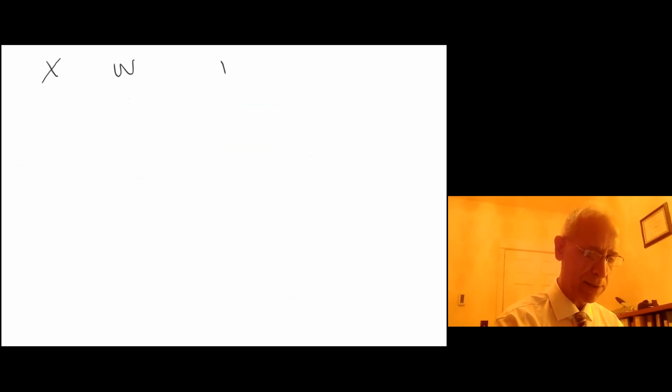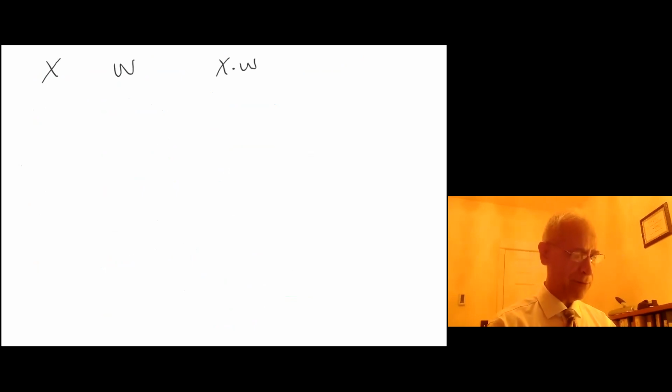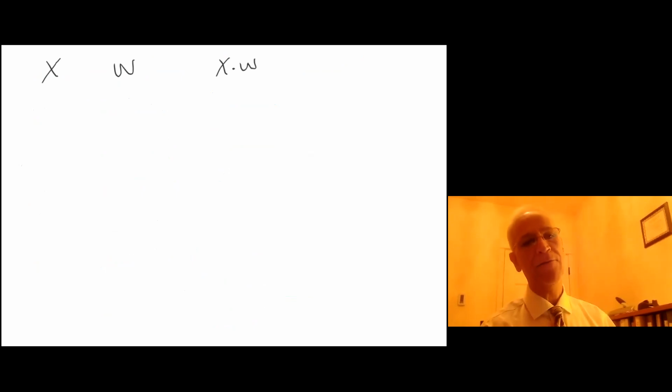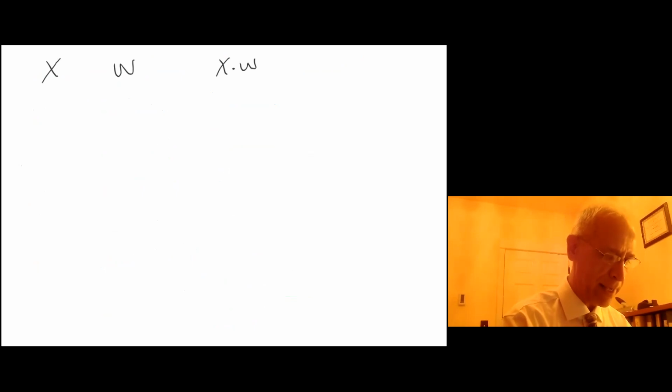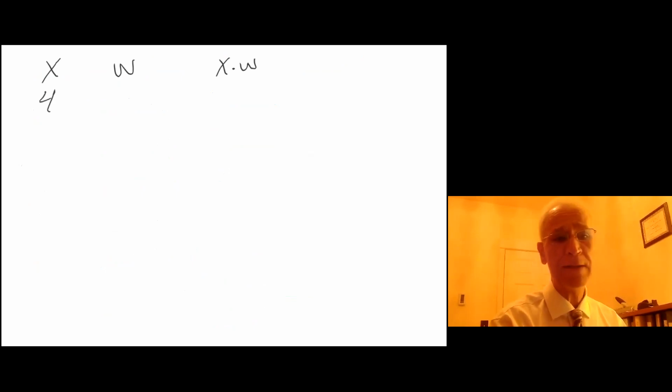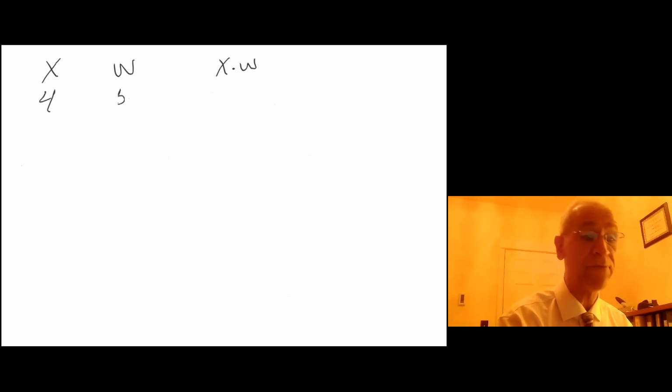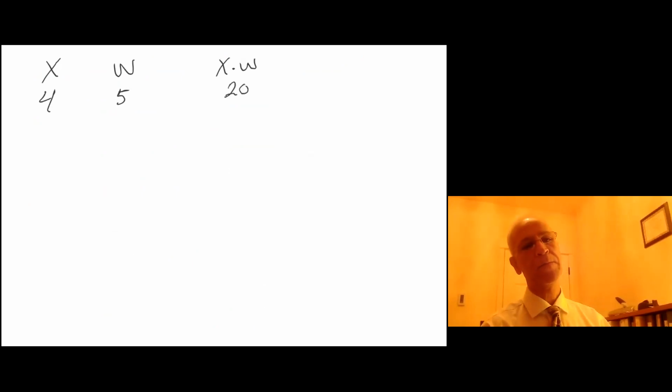Let's say that my X and then the weight, and then this column, let's make it X times W. Remember that we said you get an A in a 5-unit course. That was the first class. So an A is GPA of 4. The weight of the class is 5 because it was a 5-unit course, okay? And so 4 times 5 gives me 20.